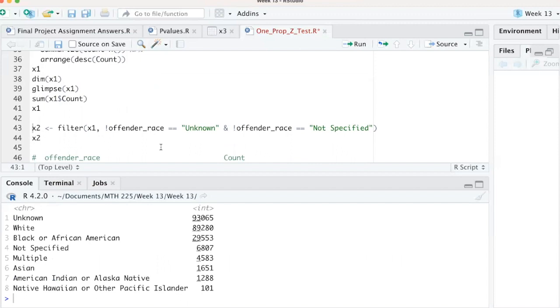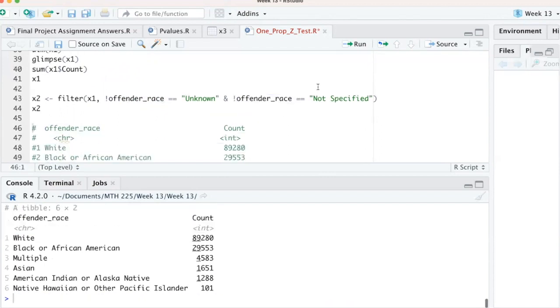You can see my filter in 43: the offender race is not equal to unknown, because of the exclamation point at the beginning, and the offender race is not equal to not specified. Those were the two different levels of the variable that we wanted to ignore. Let's go ahead and do that. And notice our new data frame, X2, is the data frame that does not contain the other ones.